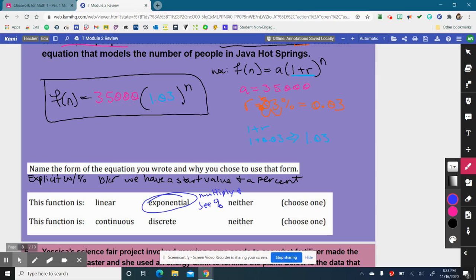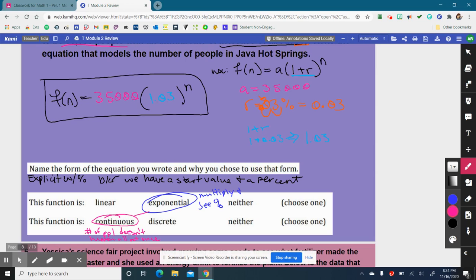So a couple of things. It's asking if this function is continuous, discrete, or neither. Well, our book, yes, you technically have a book, says it's continuous because the number of people doesn't happen all at once, right?